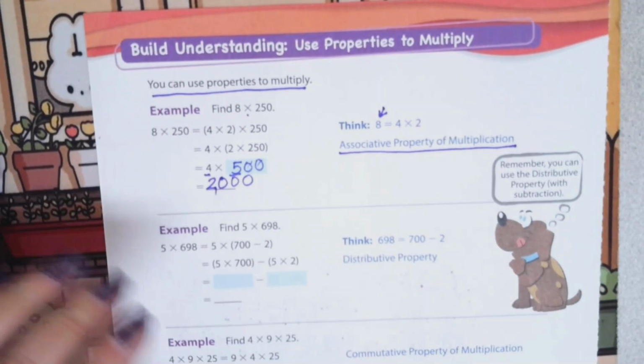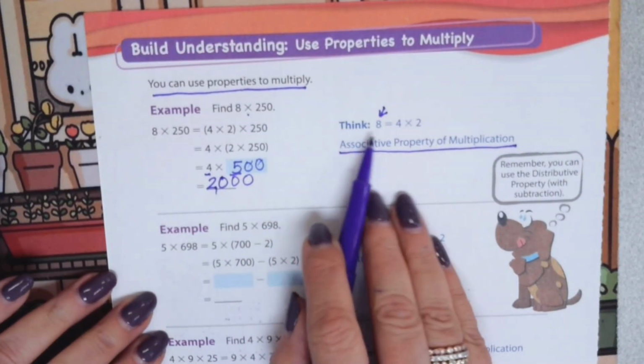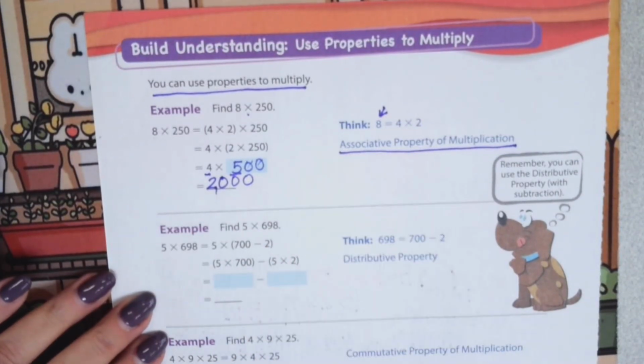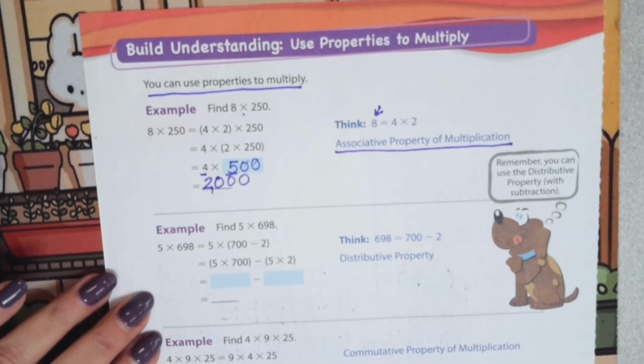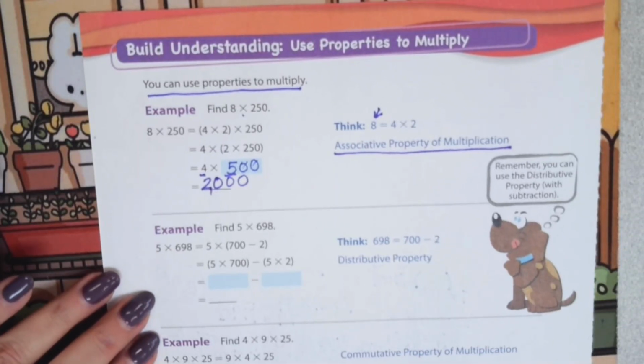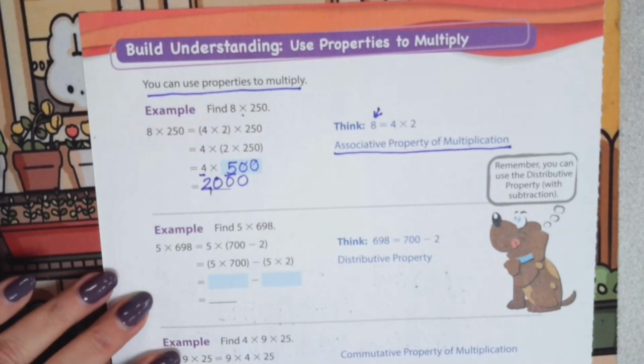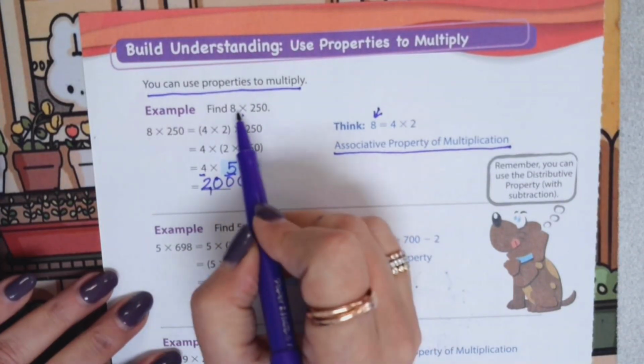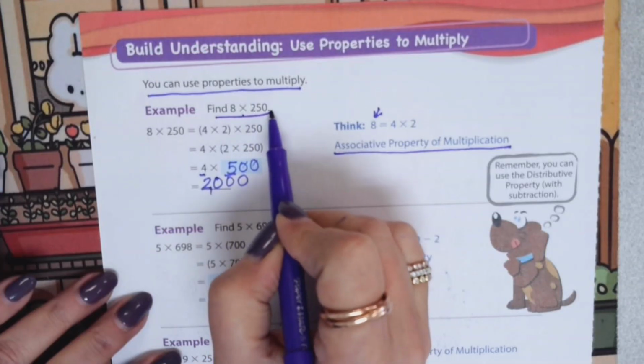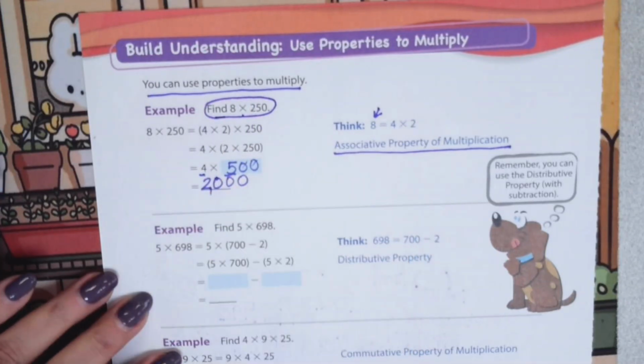Okay, good. Are there any questions on where that 4 and the 2 came from? Yes. Why did you put the 2, and instead of a 2 you put a 500? Because notice this. You have 8 times 250, right?